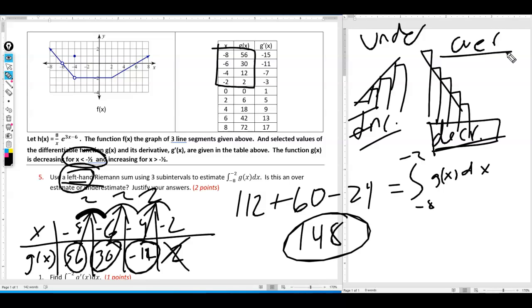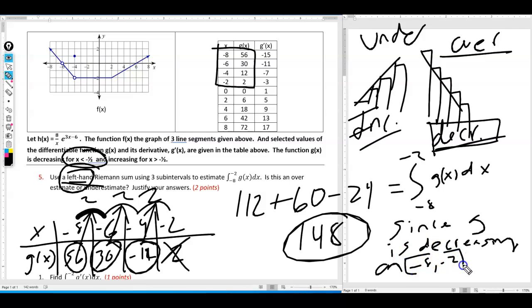So we would say, as our explanation, since g is decreasing on the interval negative 8 to negative 2, a left-hand sum is an overestimate.